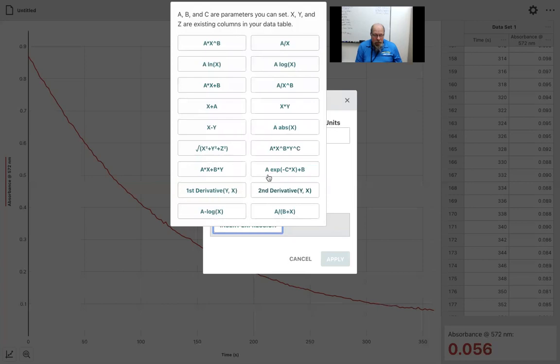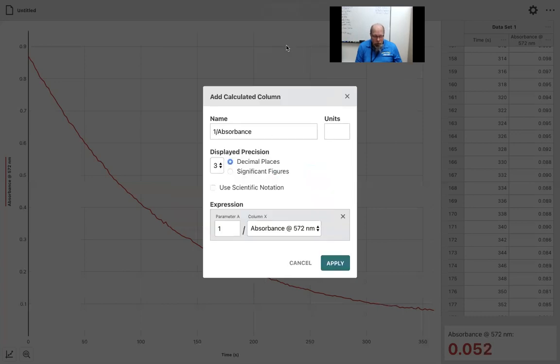Now I don't see something that might help us out in terms of the y value. I want my y in the denominator. But in terms of looking at the x, I can define whatever the y or the x is. So I would choose this one up here. And now what I'm picking as my value in the denominator is the absorbance. So it's 1 over the absorbance.